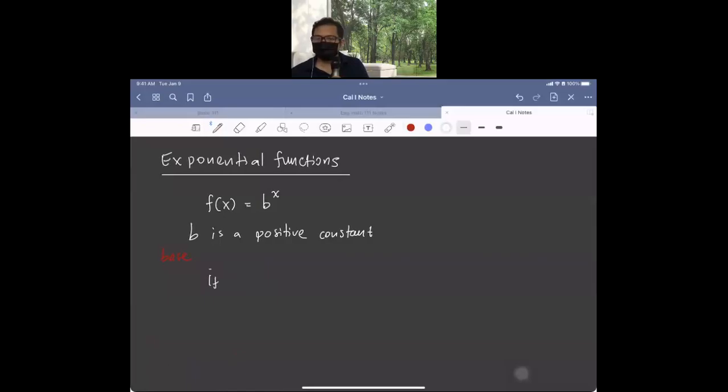So if x equals n, let's say a positive integer, then b with power of n means that b is multiplied by b, with n factors.